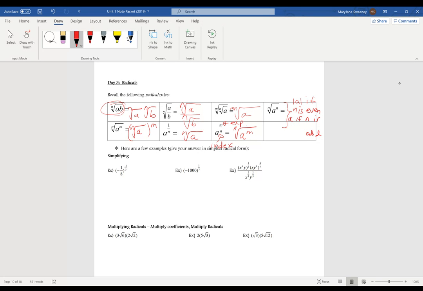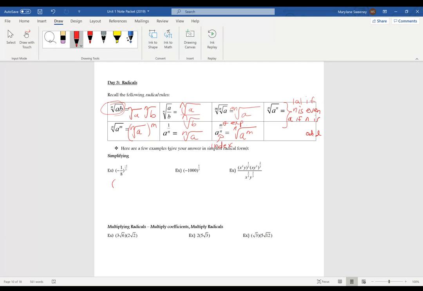Okay, so for this next one, this is going to be a little review of exponents, but then there's also going to be some radicals in here. So if you look at negative 1/8 to the negative 1/3 power, remember we said with negative exponents, you flip the base.